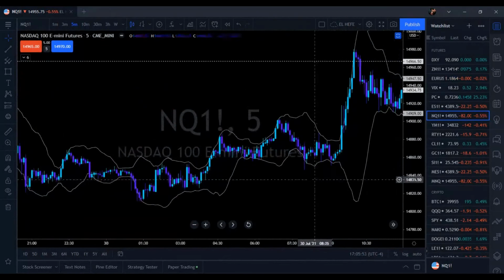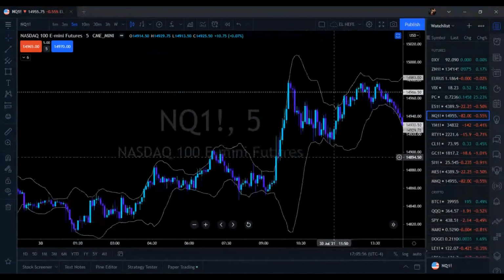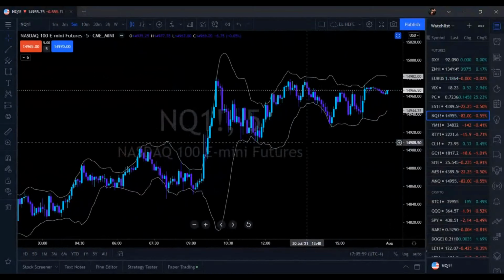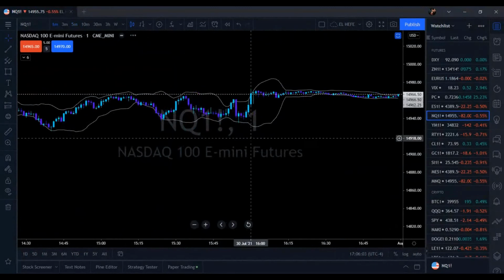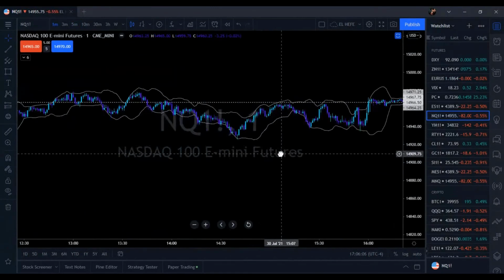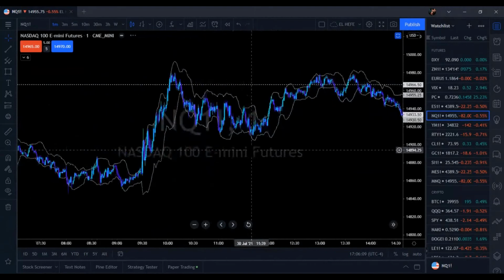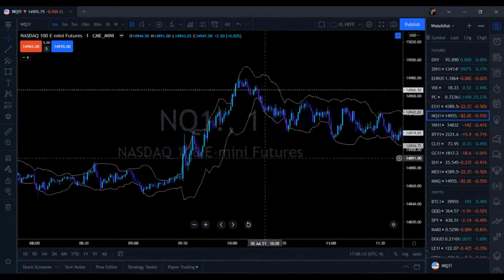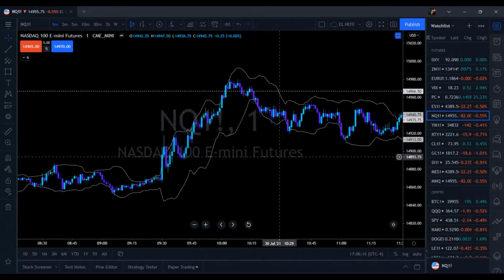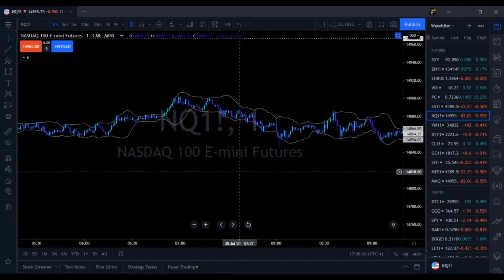It's not actually making higher highs or higher lows off of the bands on the 5-minute chart. Yeah, there wasn't nothing on the 5-minute there. We'll see what we can find on the 1-minute, kind of give a few more examples of what I'm talking about here.